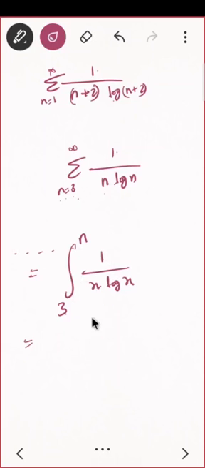How will you solve this integration? Anyone? I don't think so. Don't forget integration; in 12th there is a good amount of it done, there are so many formulas and everything, so do not forget anything.